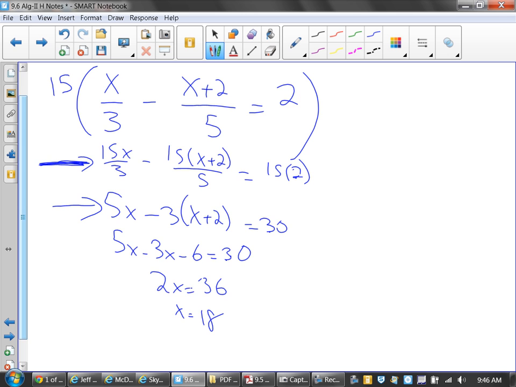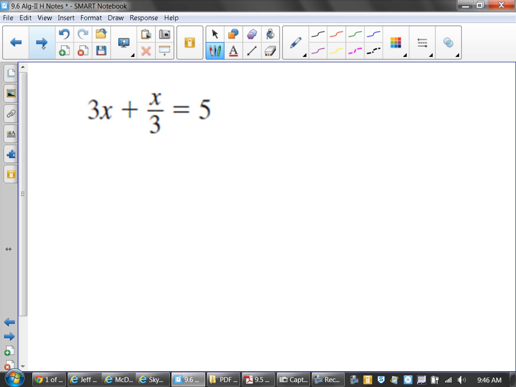Let's look at one with a variable. Three x plus x over 3 is 5. If I want to get rid of that over 3, because it's the common denominator among everything, what am I going to multiply everything by? 3.